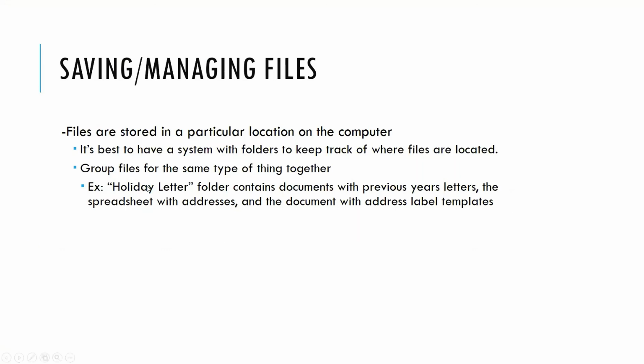So it's best to have a system, and you can create folders. We always have Book a Librarian appointments as an option, and we're always happy to walk you through what that looks like. But just in general, one last thing to note is when you're saving that file, you're storing it in a particular place, and you want to think about grouping things together so it's easy to find when you come back.